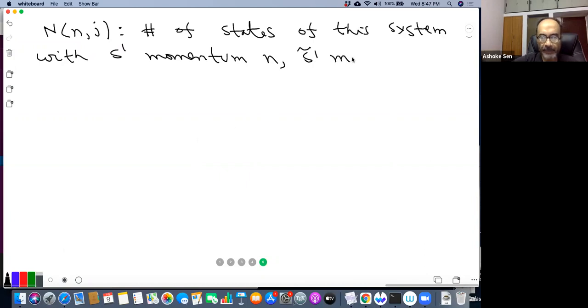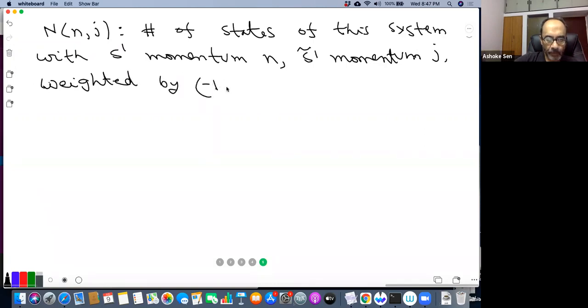Okay, I'll call it S1 tilde momentum, but of course, here it appears as a particular component of the angular momentum, J. And you weight it by (-1) to the power 2h plus j. (-1) to the 2h because you are calculating the index, and (-1) to the j because that's included in the definition of the partition function.